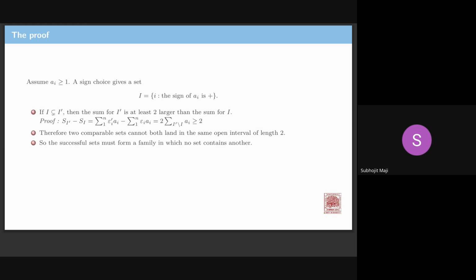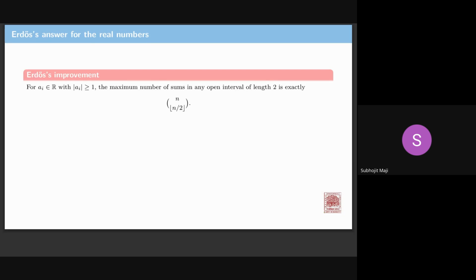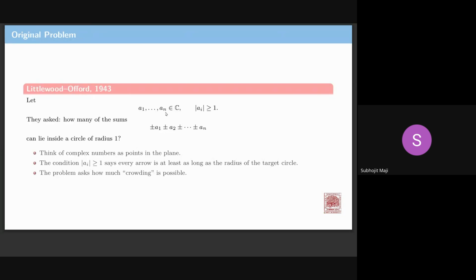Think of it like this: if the index set I contains the points 1, 2, and 4, and you have a1 to a4, that is n equal to 4, then a1 has a positive sign, a2 has a positive sign, a3 should have a negative sign, and a4 will have a positive sign.